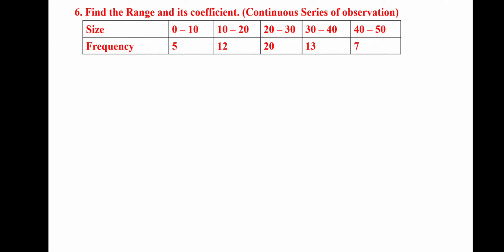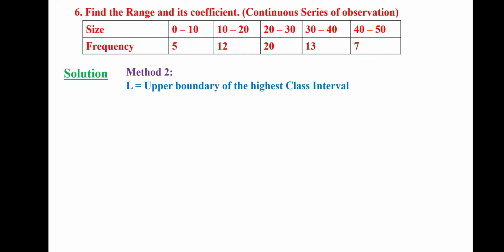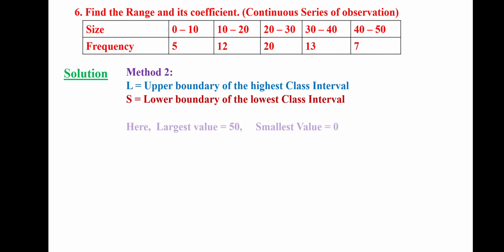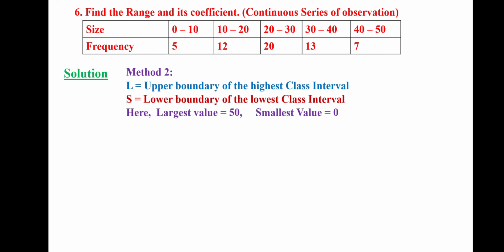Solution, method 2: the upper limit of the highest class interval will be considered as L, and the lower limit of the smallest class interval as S. So L equals 50, because the highest class interval is 40 to 50, and in that the upper limit is 50. The smallest value is 0, because the lowest class interval is 0 to 10, so the lower limit is 0.